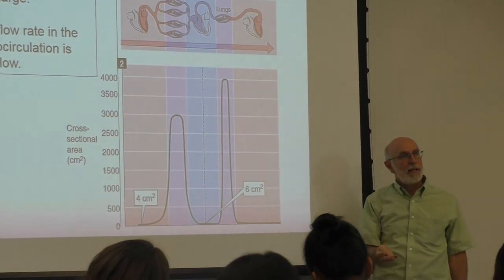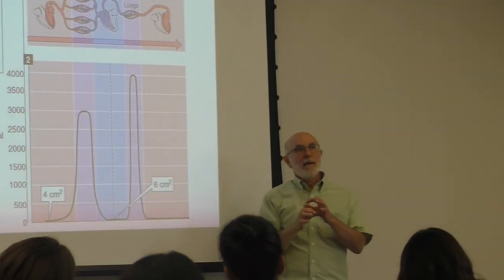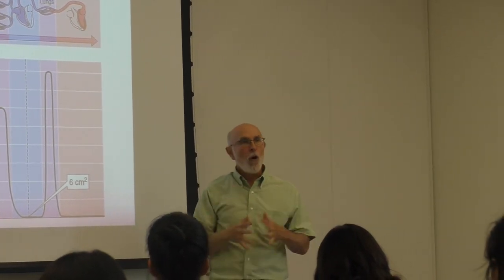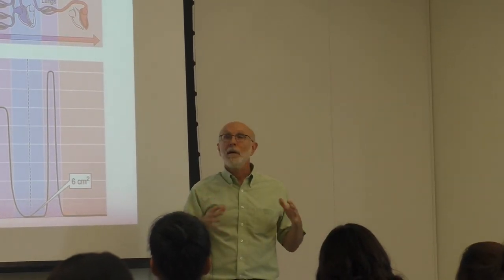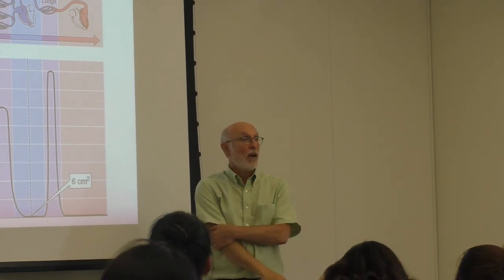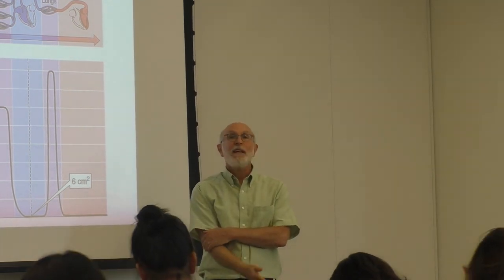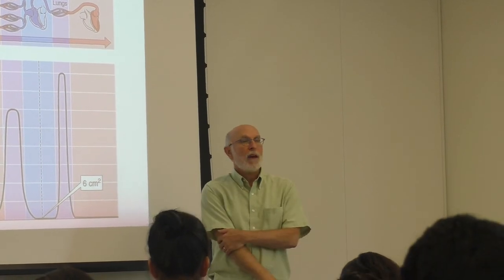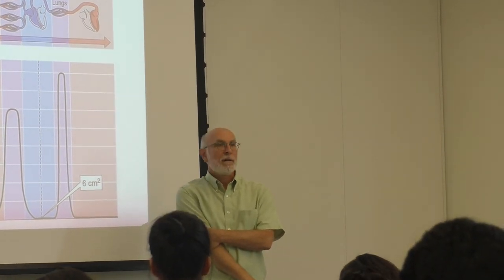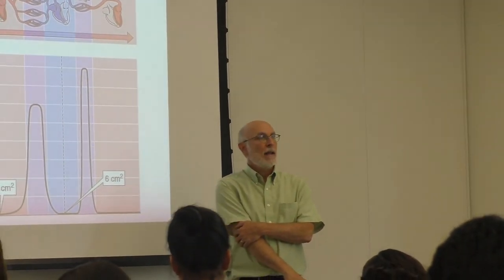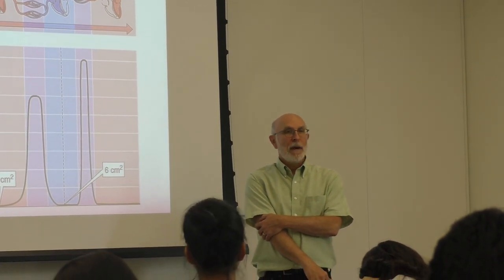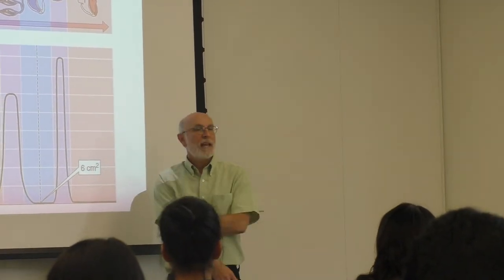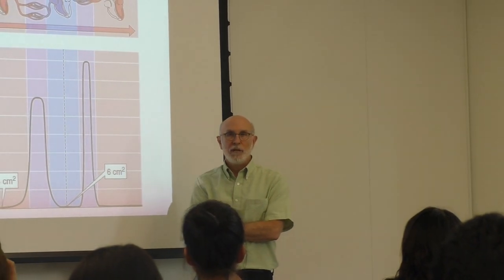The main point is that even though the capillaries are microscopic in diameter, their total summed cross-sectional area is very large. And that's what gives them this large surface area to interact with every single one of your cells. You need that large number of them and their small size in order to do the gas exchange and nutrient exchange that your body needs.